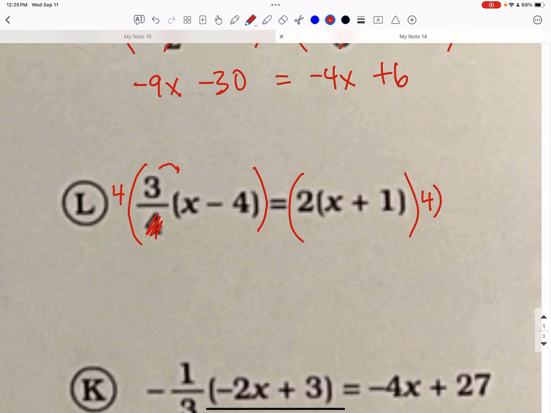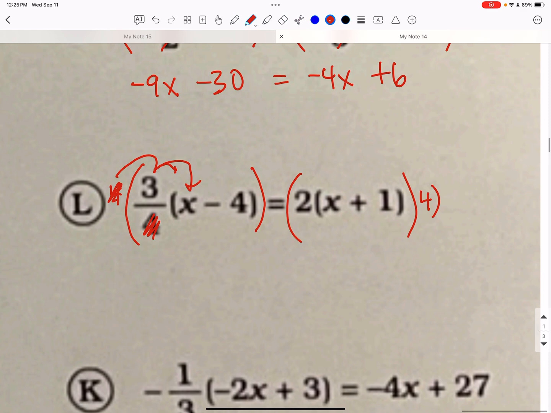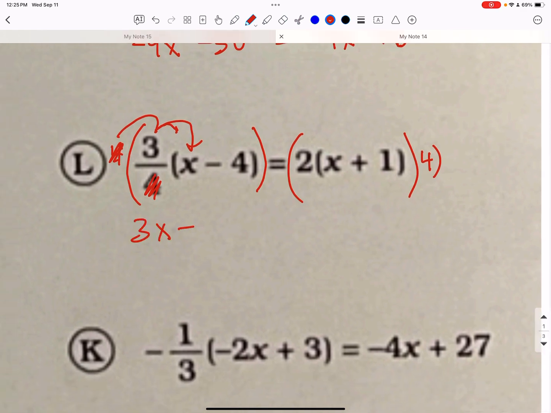I'm passing out 3 to everything, not 3 and a bottom 4. So 3x minus 12 equals, this would be 2x plus 2, and then we multiply by 4. That becomes, instead of passing out a 2 and a 4, we're passing out an 8, basically. So this becomes 8x plus 8.